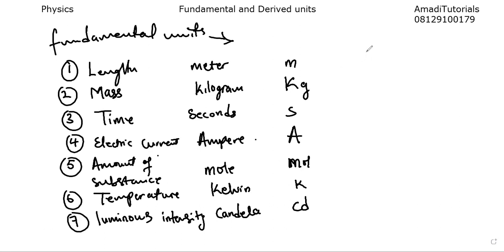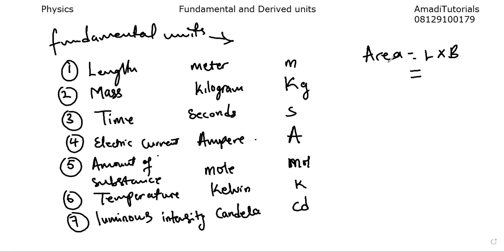Take, for instance, area. Area is a derived quantity, and area is a combination of length: a length times another length. Usually it's a length times breadth, but breadth itself is also a length. So when you multiply two lengths, you get area.